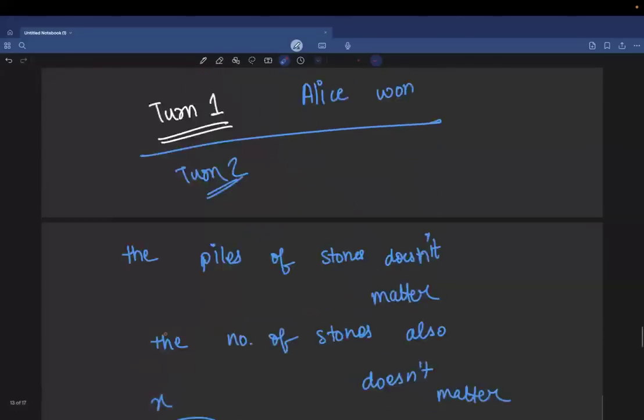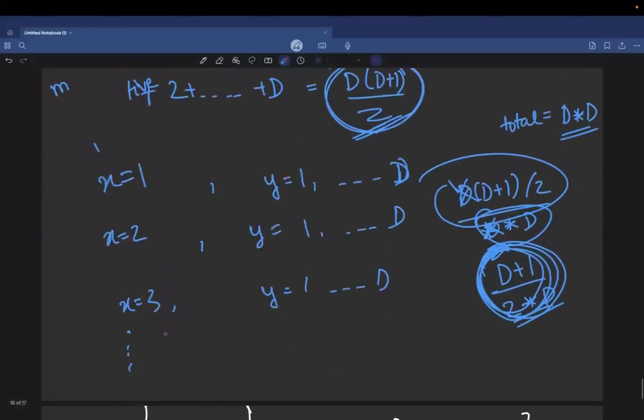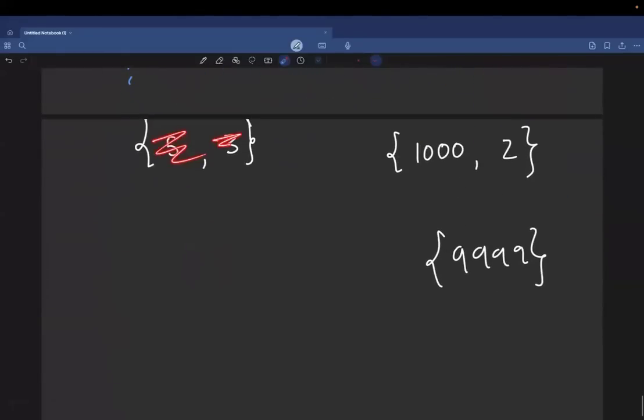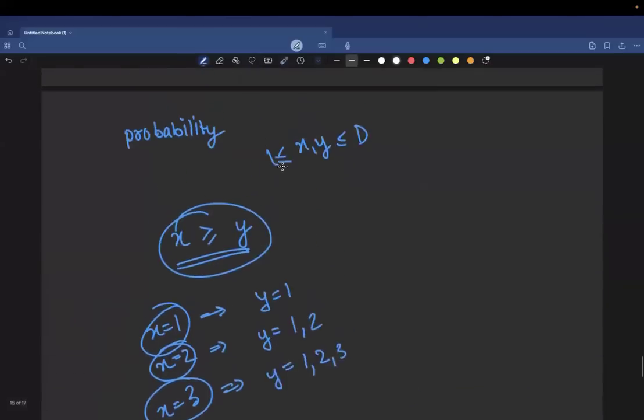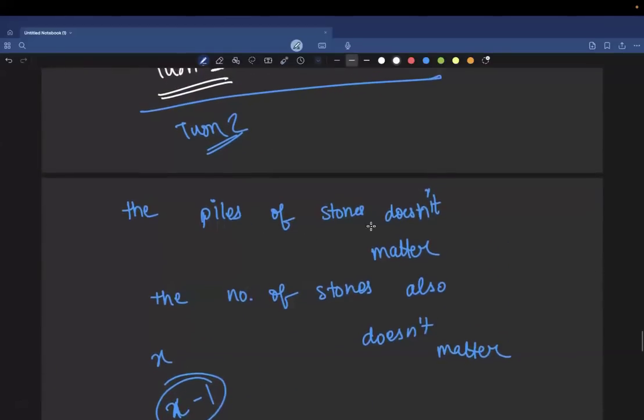You would just repeat the same process again and again. Eventually, there will be only one pile remaining having only one stone. Now the one who removes this would be declared the winner. Everything that happened till now does not matter for finding out the winner. So that is why I said that the piles do not matter.